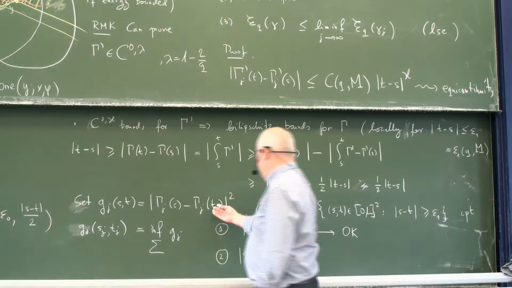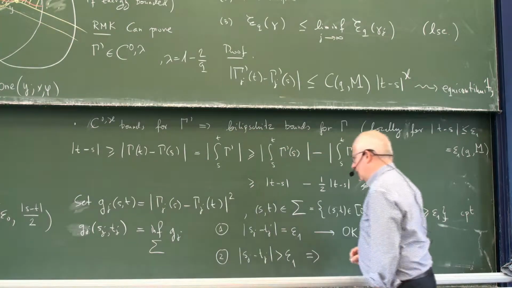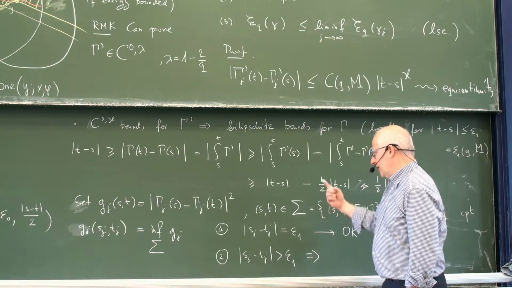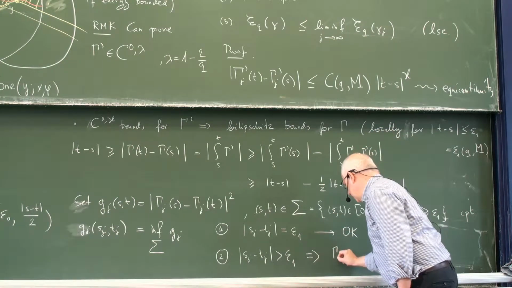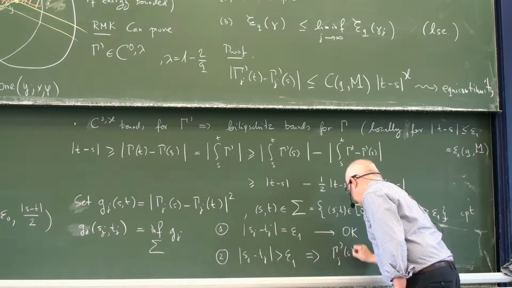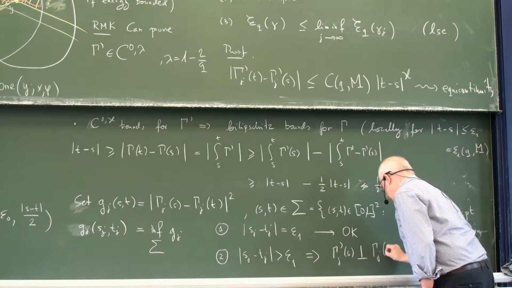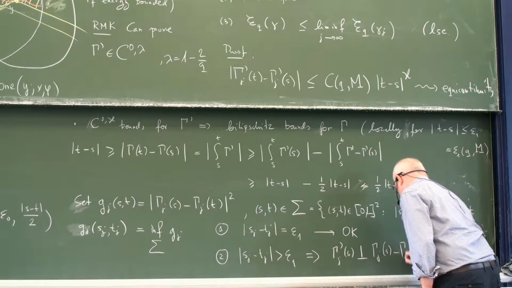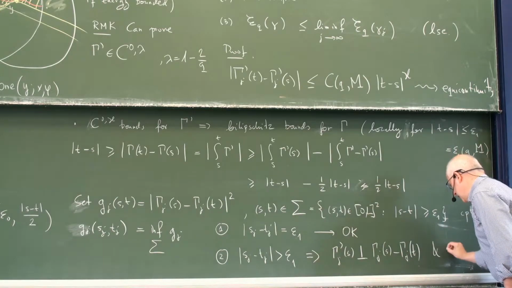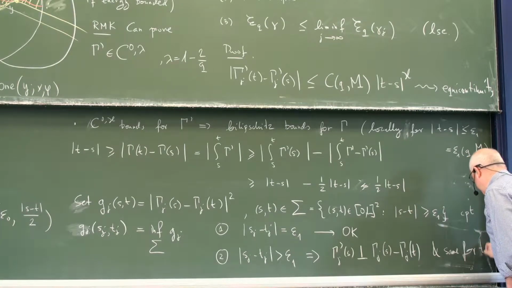So I differentiate this. When I differentiate with respect to s, I obtain gamma j prime at s perpendicular to gamma j at s minus gamma j at t, and the same condition for t.